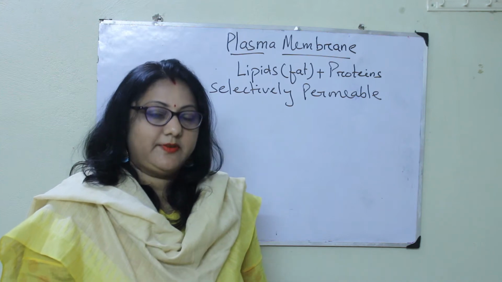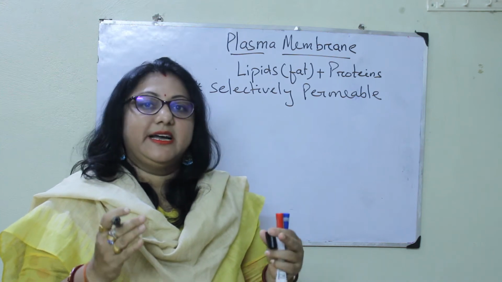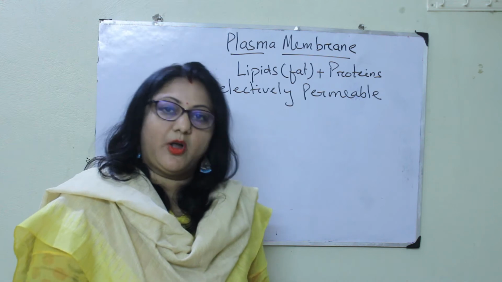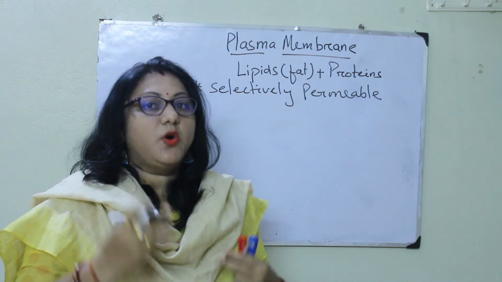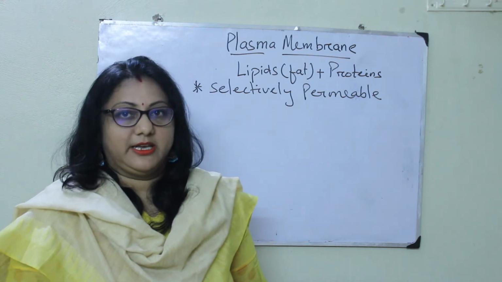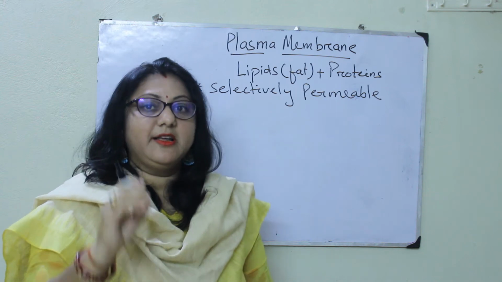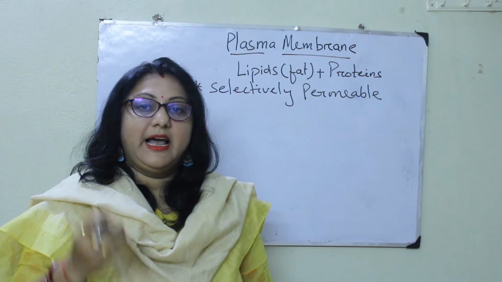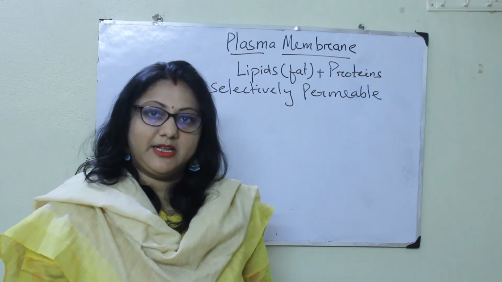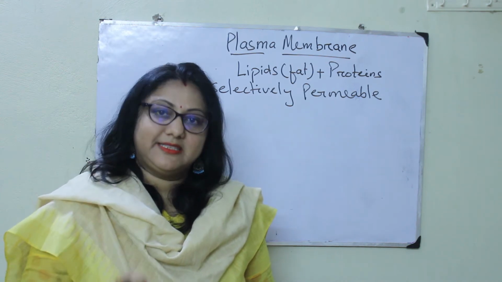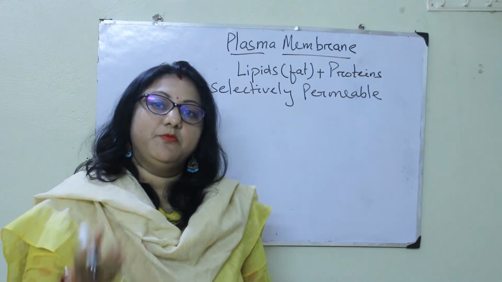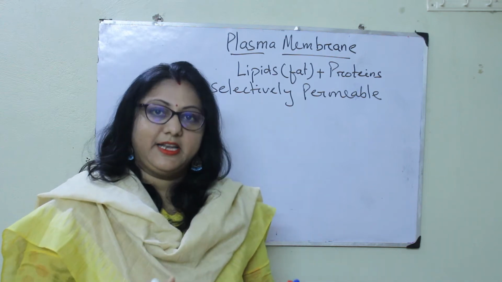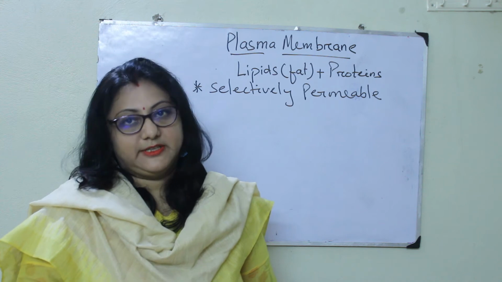When it is selectively permeable, that means it is permeable for certain molecules and it is not permeable for other molecules. So the plasma membrane will select which molecule should enter the cell and which should not. Similarly, the plasma membrane will decide which molecule will move out of the cell and which should not move out of the cell.